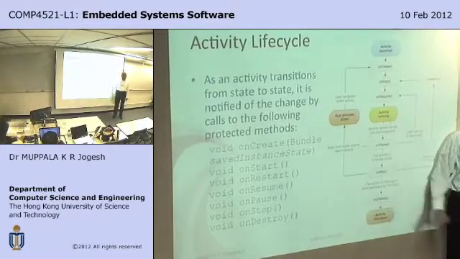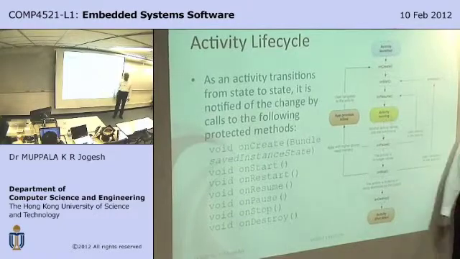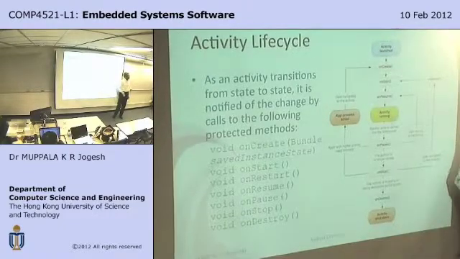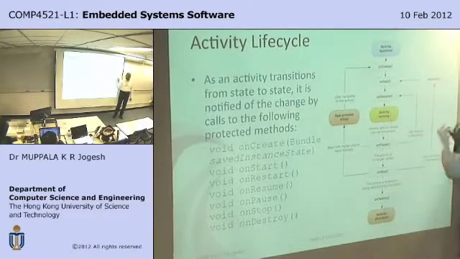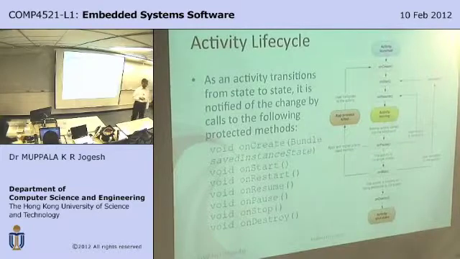So that's why the onDestroy method is provided. This will be called by the Android system when the system is destroying your activity because it wants to reclaim the memory occupied by your activity. So that's how memory management is done. Okay?